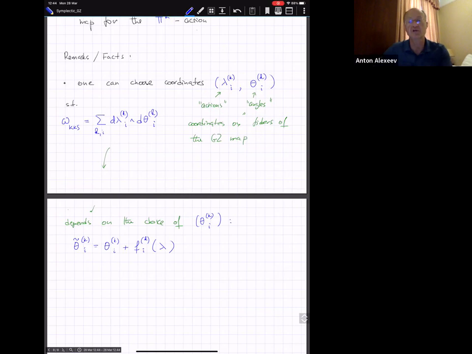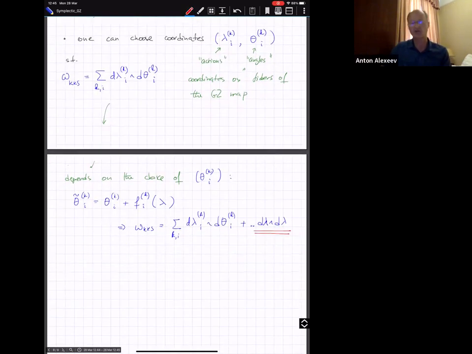Your fiber is isomorphic to a torus, but not canonically isomorphic. You can change the zero by some function of lambda, and this would give omega KKS equal to the sum over k, i, so this term will still be there, plus some d lambda garbage.